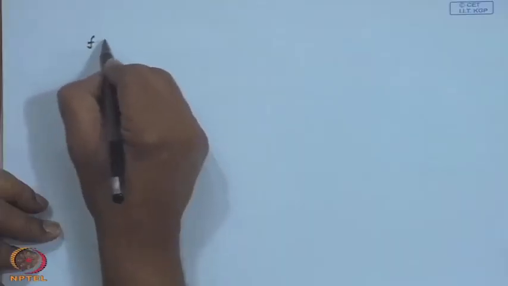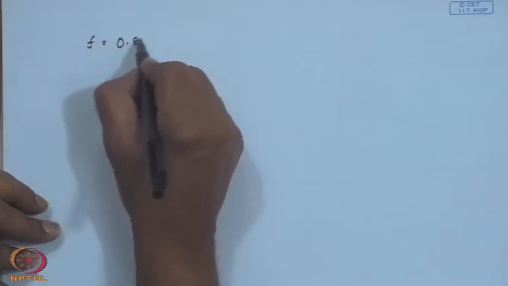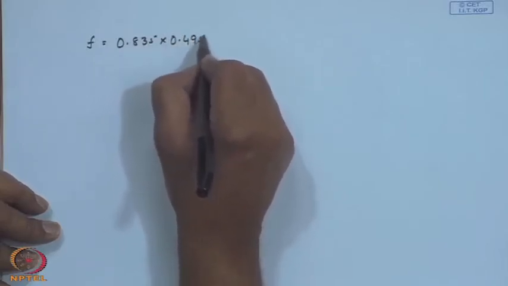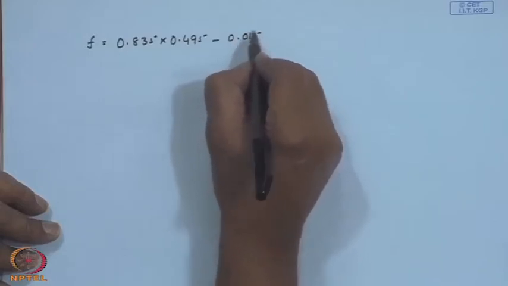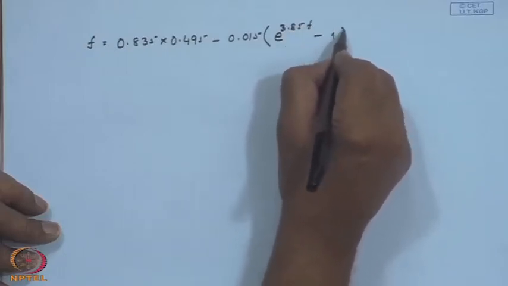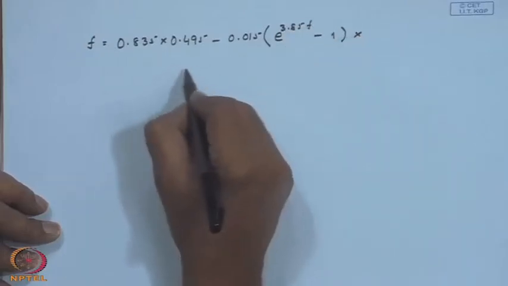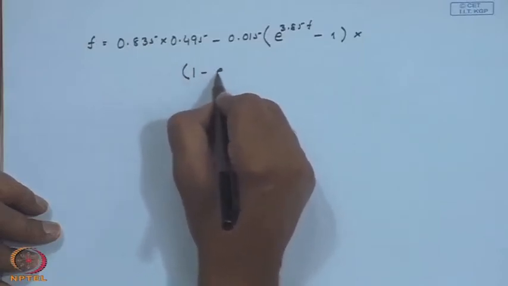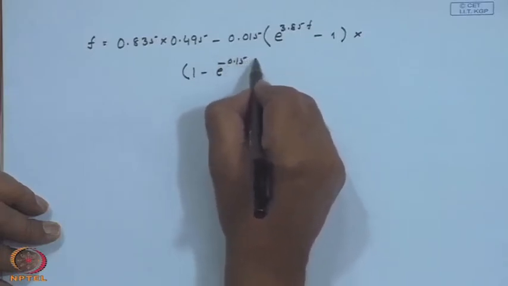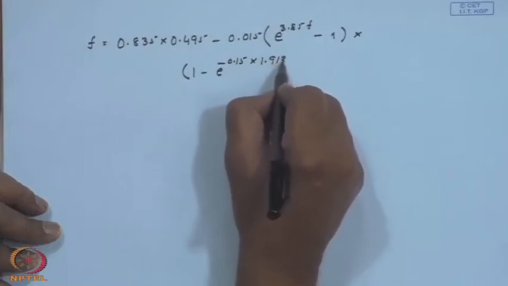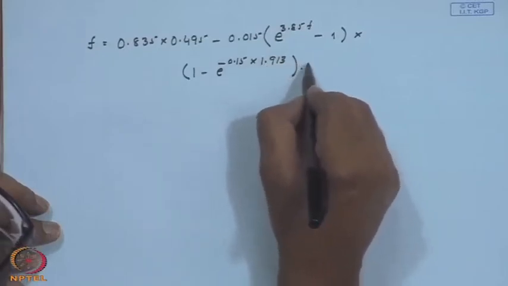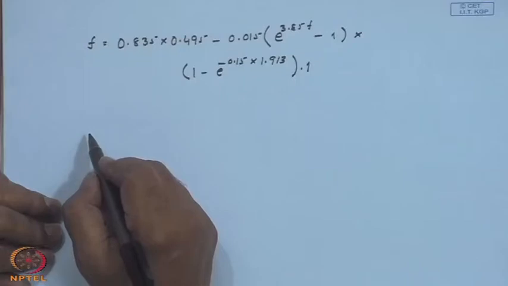So, F will be phi bar max 0.835 times Y 0.495 minus 0.015 into implicit e to the power 3.85 f minus 1 multiplied by 1 minus e to the power minus 0.15 X dashed into 1.913, right, X dashed is 1.913, that is correct, times 1, that is the standard storage to actual storage ratio.